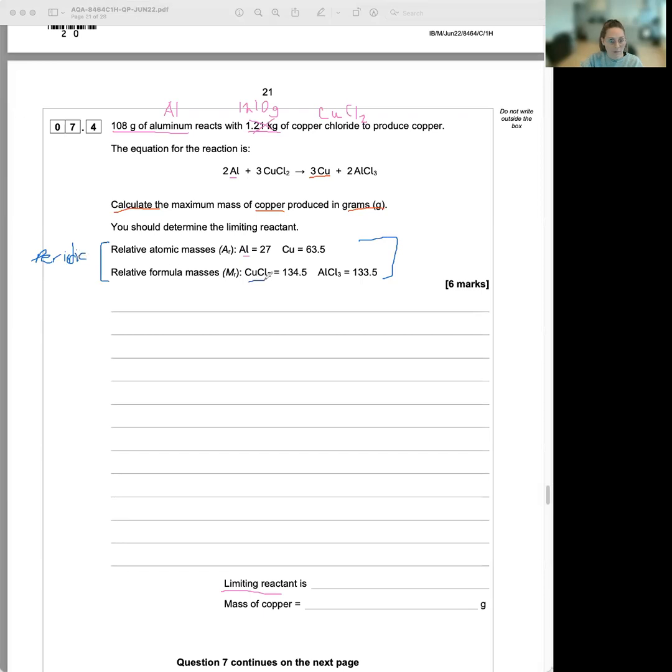Obviously, we don't have compounds in the periodic table, but you would see Cu, which would be 63.5, and you would see Cl, which is 35.5, times it by 2 because it says 2 Cls, you get 71, add it to 63.5, you get 134.5. They've done that for you. But if you had to calculate your own MR, this is where your periodic table gives you your missing number. So your periodic table can be your best friend.